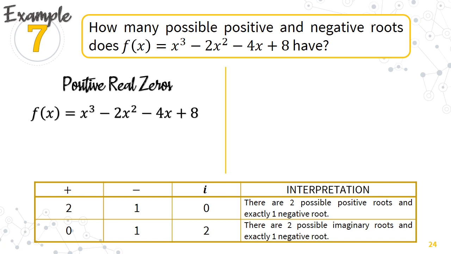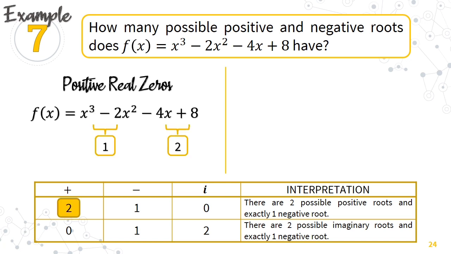We have the terms of the given polynomial starting with positive x cubed, followed by negative 2x squared, followed by another negative term, negative 4x, followed by the last term, positive 8. In this case, we have 2 variations of sign.